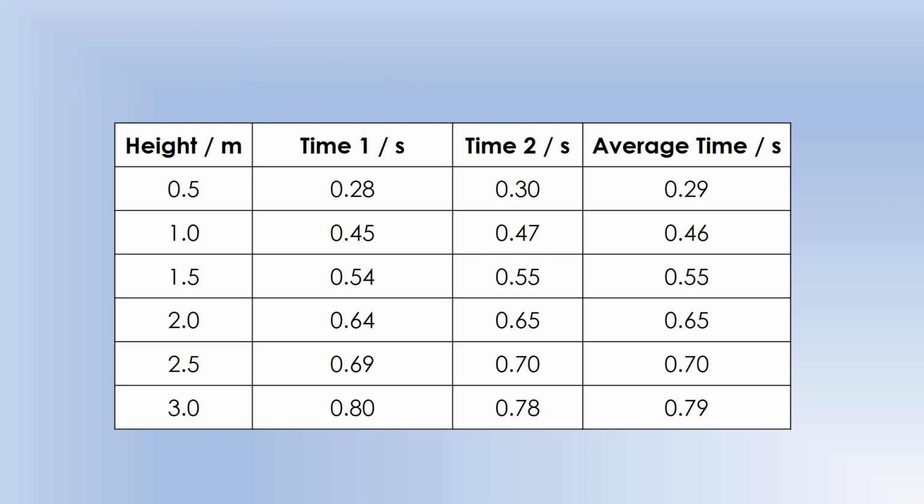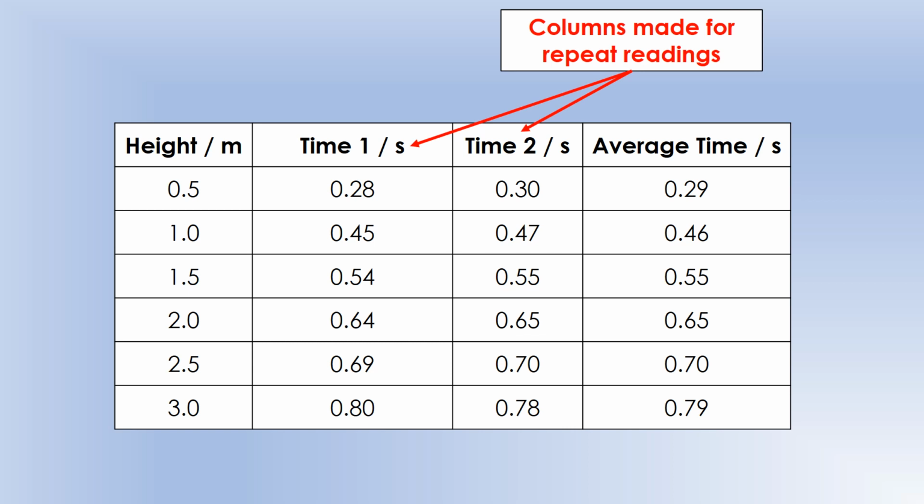Okay, so the next thing that we'll be looking for is we've got separate columns for the repeat readings here. Each height was done twice, so we've got two columns for those repeat readings, and they're called time 1, time 2.